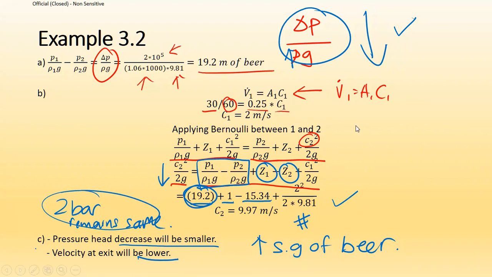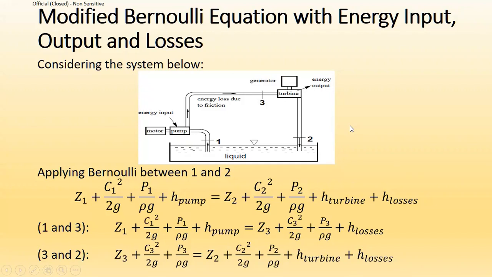Of course, we are not going to stop at this Bernoulli equation. We need to do some modification. This modification will include energy input, output, and any form of losses. For fluid mechanics itself, a significant source of energy input will be a pump. The significant energy output will be in the form of a turbine.